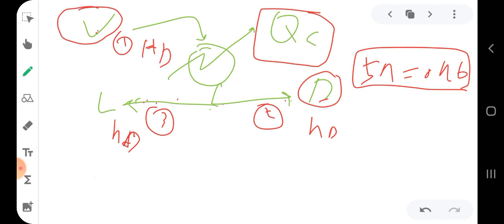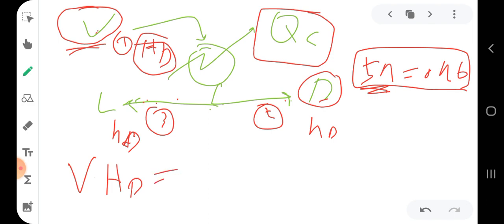Now let's apply our energy balance. What's the inlet in terms of energy? Actually, how many inlets do we have? Yes, only one inlet, which is H capital D, and it is entering the system with the flow rate V. So we can say that the inlet is V H capital D. And what are the outlets that we have?